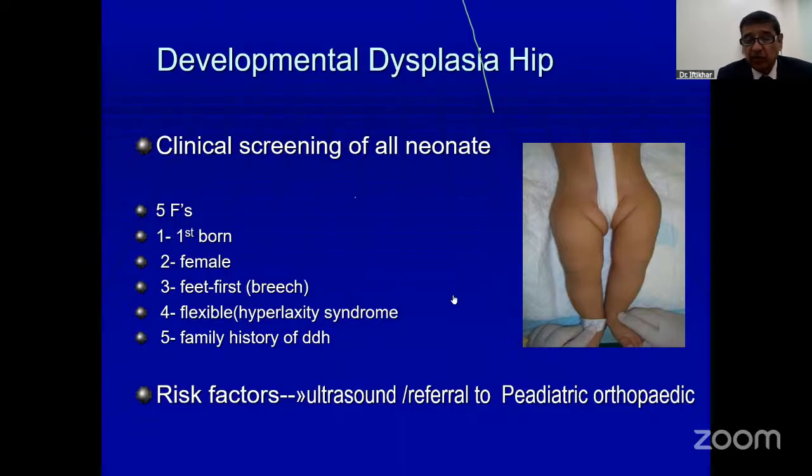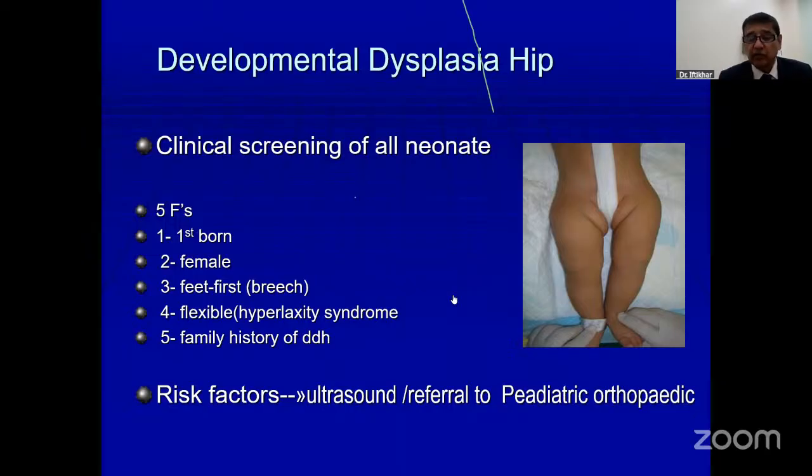Basically, it's a screening program, and you will never miss anything. You can miss hip clicks and all that, those things are different. But these folds and those signs are things that you should not miss.